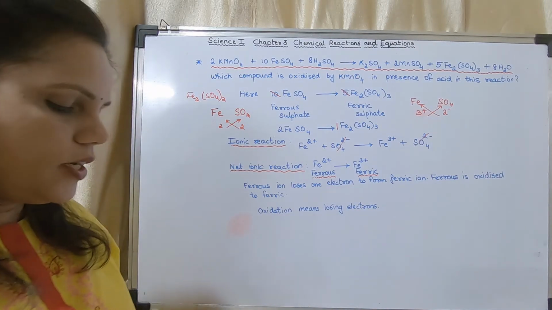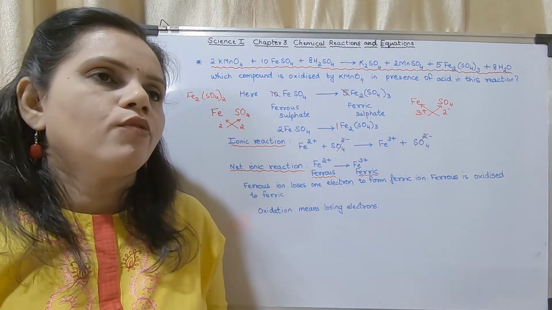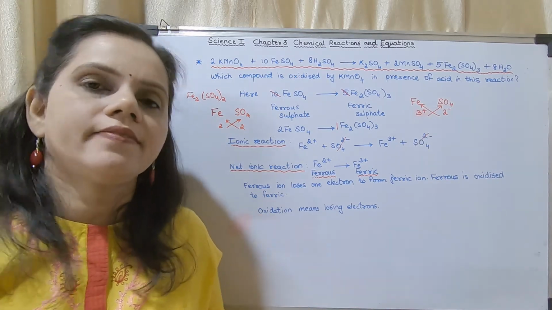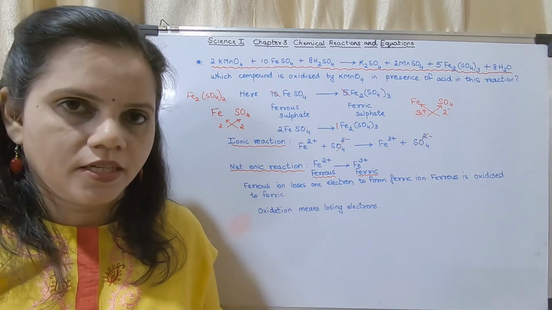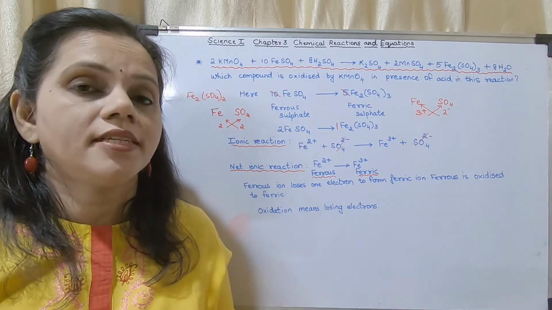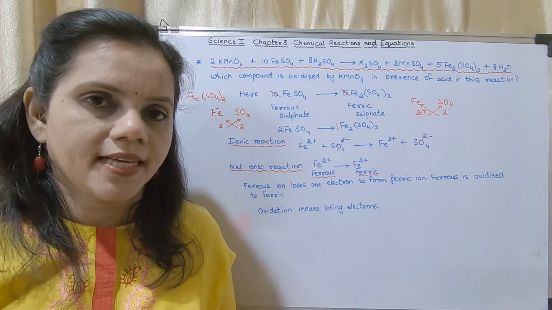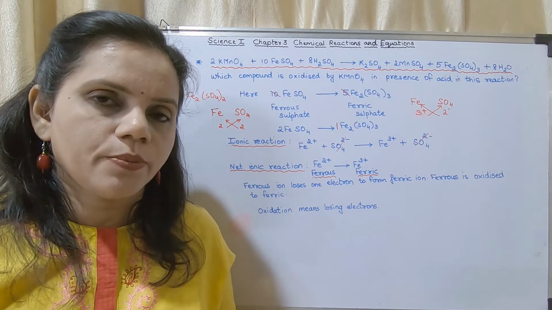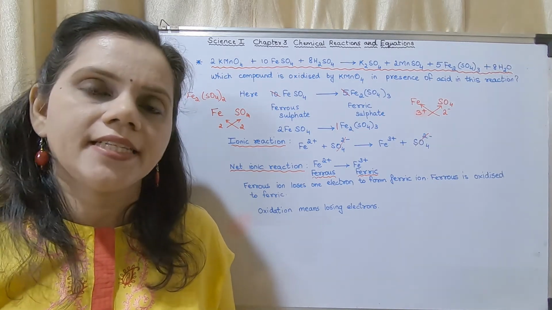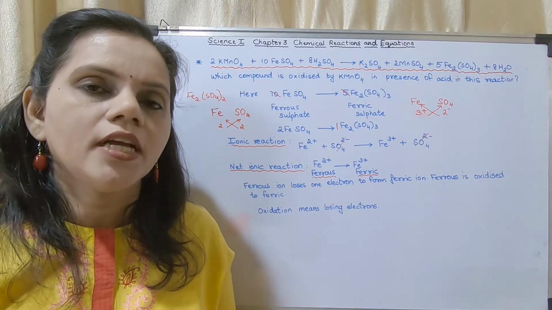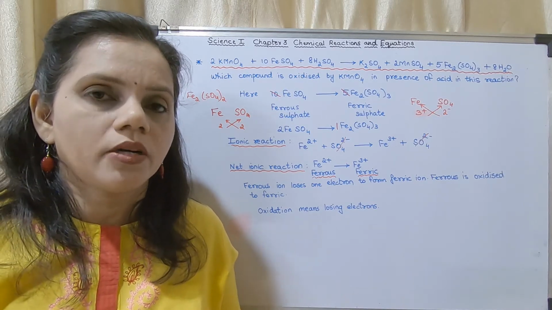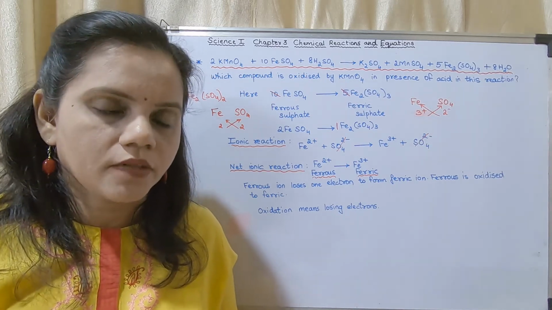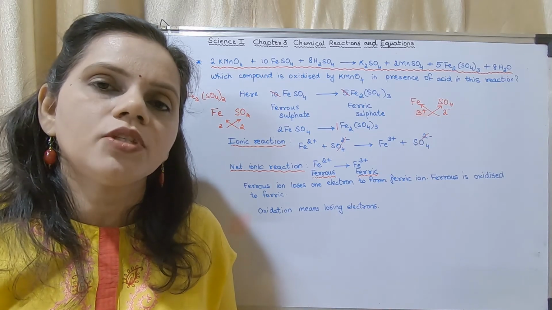Now what you have to know: when an element gives one electron, it becomes one positive. Why positive? That I will explain when we do the exercise. You should remember that when an element loses electrons, it becomes positive. When an element gains electrons, it becomes negative. So giving is positive. When you give electrons, the element becomes positive.